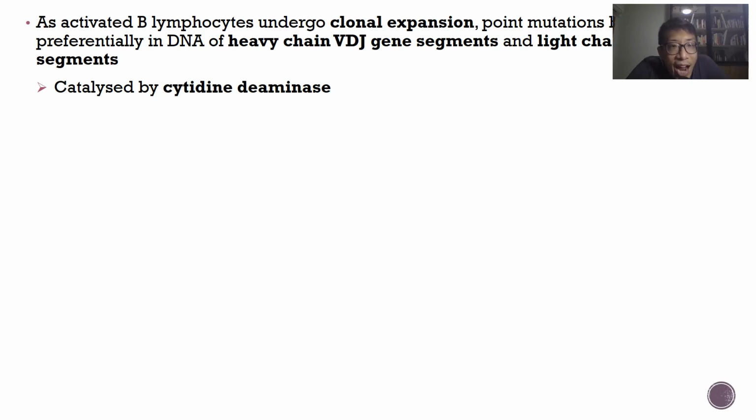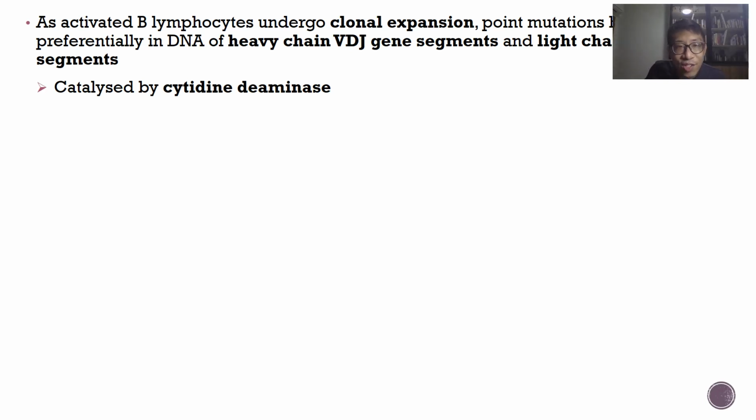When the B cells are activated to undergo clonal expansion, clonal expansion involves proliferation, right? Division of the B cells to form a group of B cells. All right, we describe them as clones. Clones meaning they should be genetically the same, right? So this whole group of B cells should be genetically the same. They should produce the same antibody.